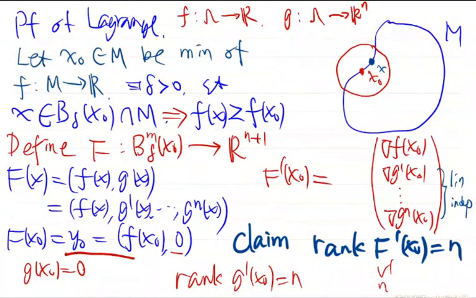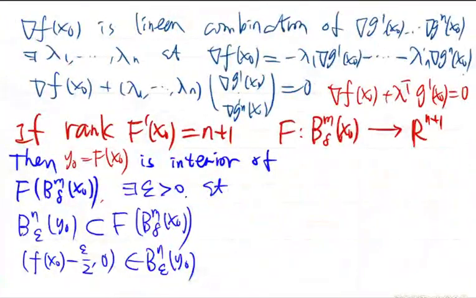So the distance from (f(x0), 0) to y0 is the same. Sorry, this is n plus 1. I misprinted n plus 1, because f(x0) is one dimensional and 0 is n dimensional. Okay.